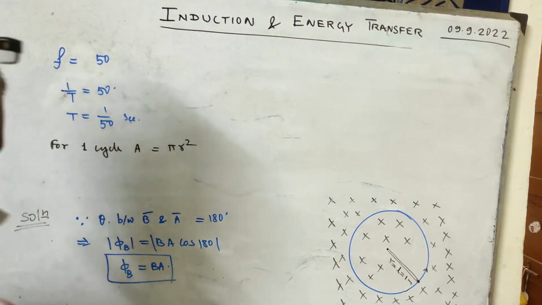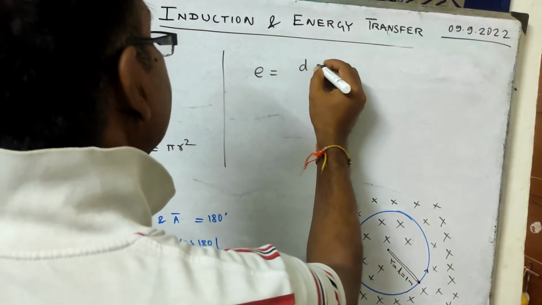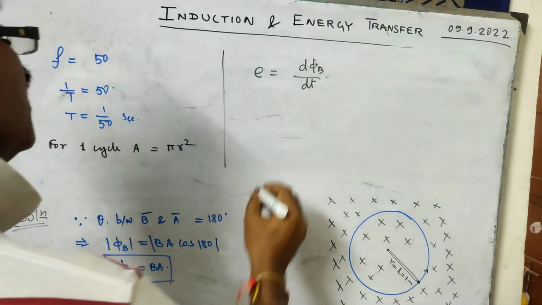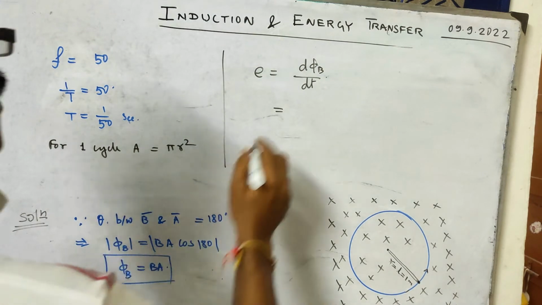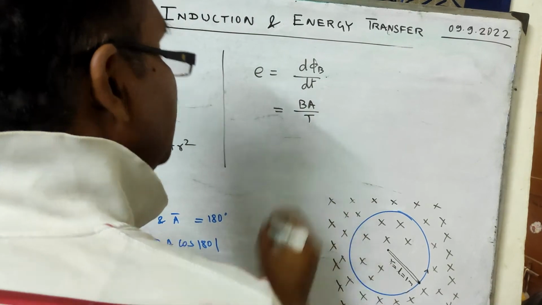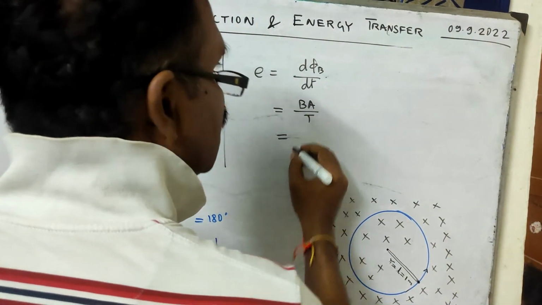We know E is equal to d phi B by dt. Here d phi is B into A, and the time is the time period T. So B is how much Tesla?